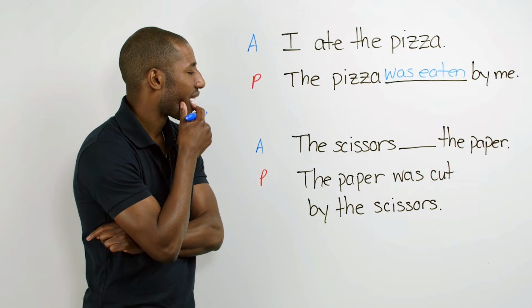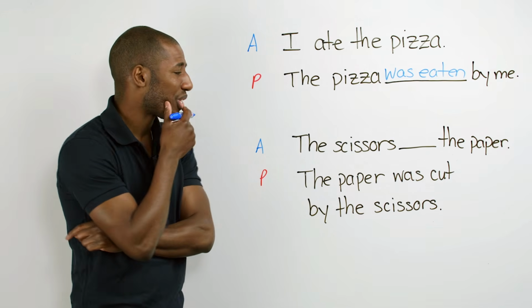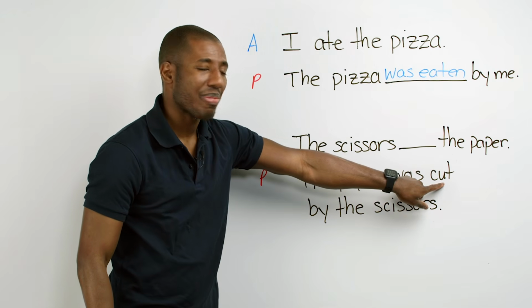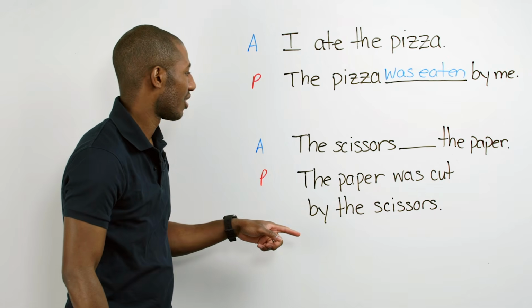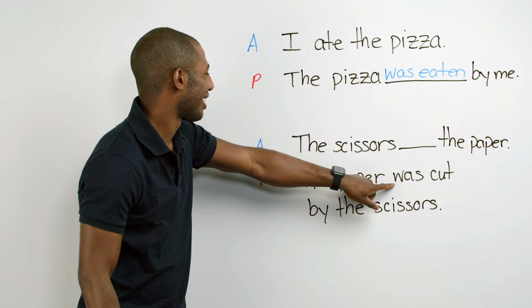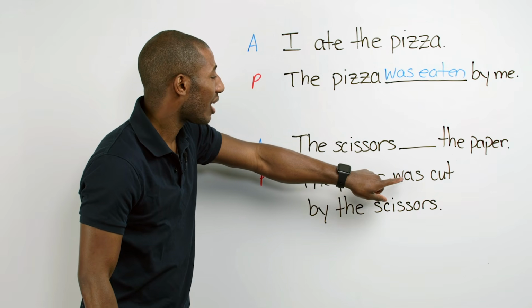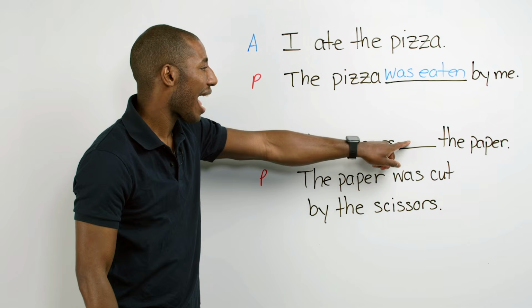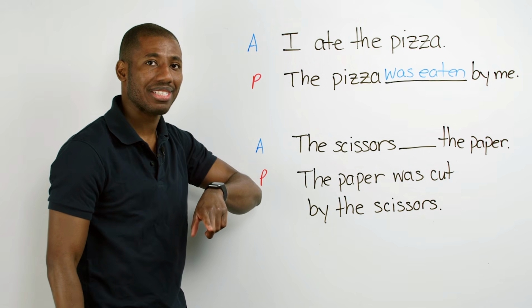Well, I have my to be verb as well as our past participle. Now it's almost like we're going backwards here, right? So we know that the tense of our to be verb has to match our action in our active voice sentence.